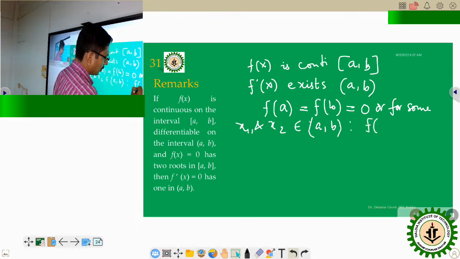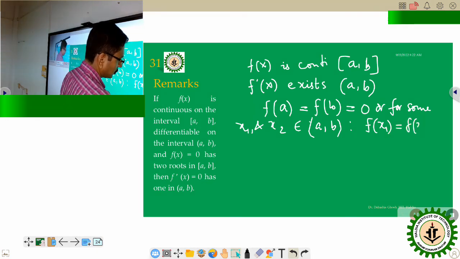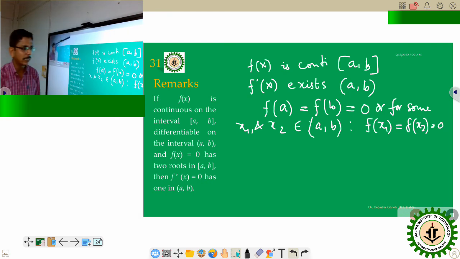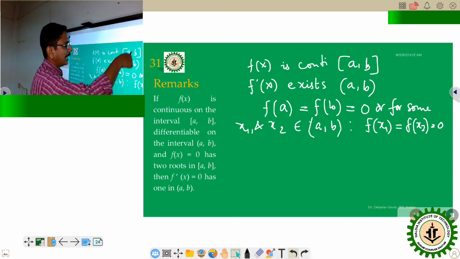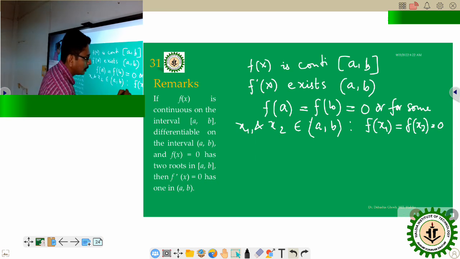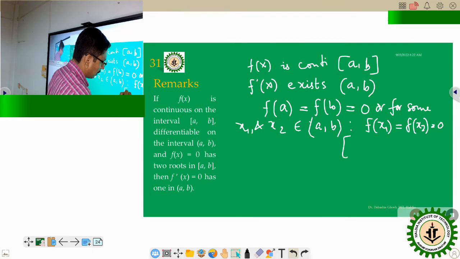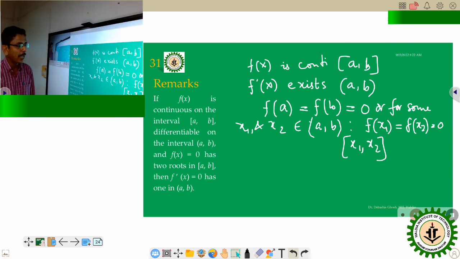And by this rule, if f(x1) and f(x2) equal 0, instead of (a, b) we can consider the interval to be x1 and x2, on which Rolle's theorem will be satisfied. And since Rolle's theorem is satisfied over the interval x1 and x2, we can claim that one point should be there in between x1 and x2, say c, for which f'(c) = 0.